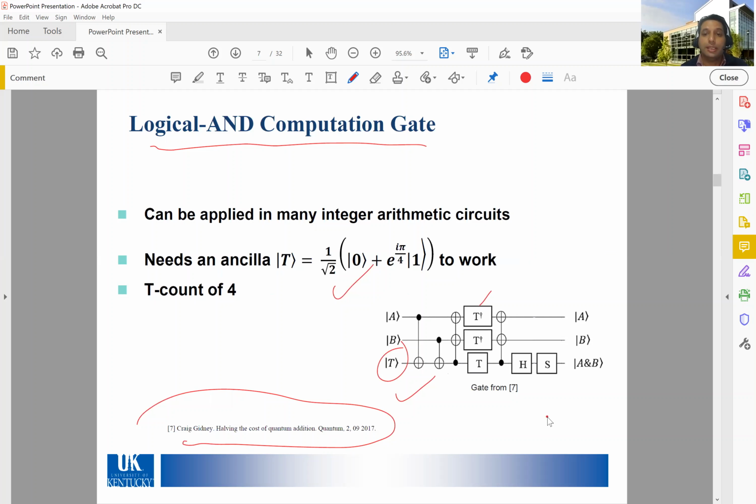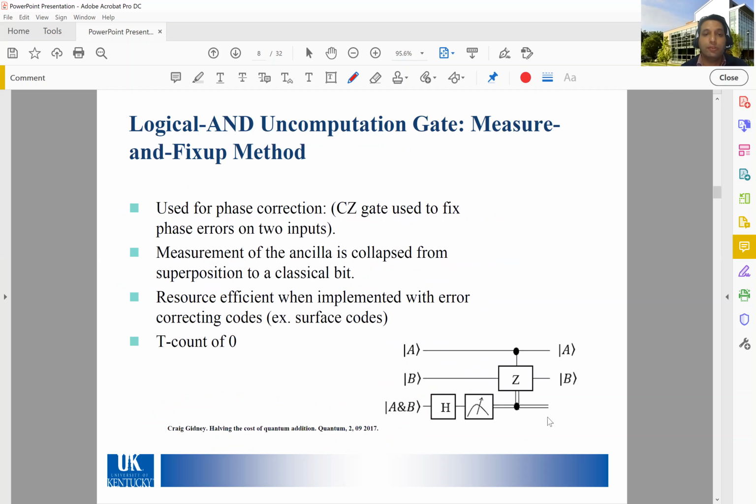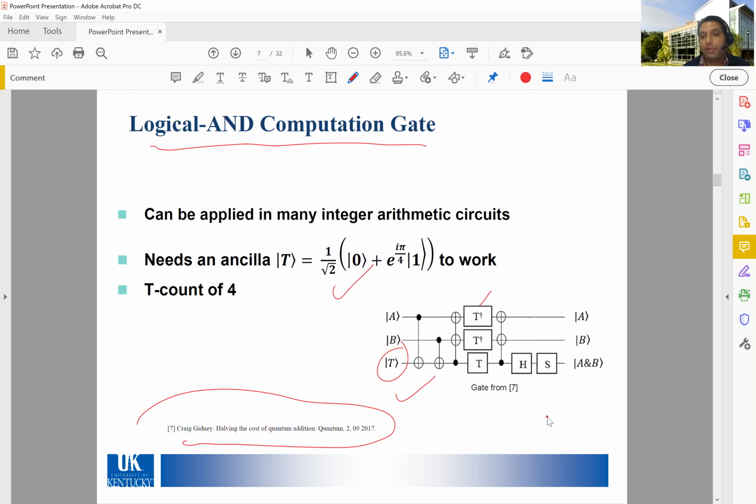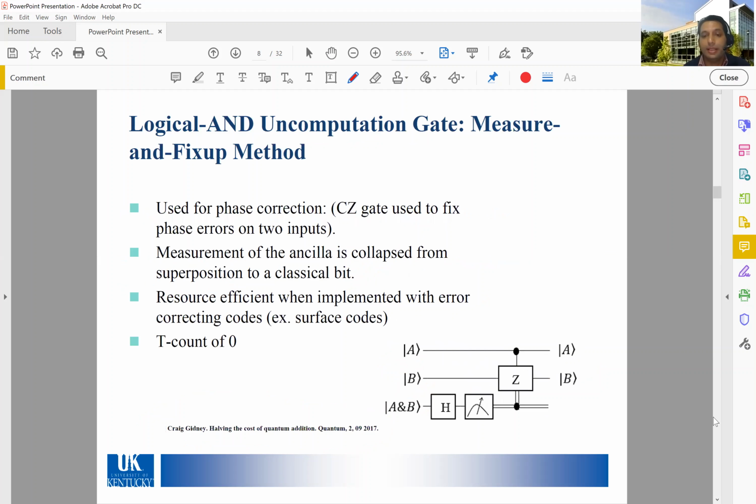So now another interesting thing we look at further is that there is also one logic and uncomputation gate. If you see, this gate performs an AND operation, A and B, and this gate performs uncomputation of that gate that we have shown in the previous slide. However, in this gate there is also a measurement operation involved, and again this gate has been proposed in this work.